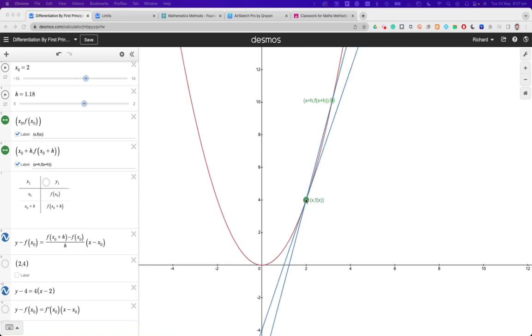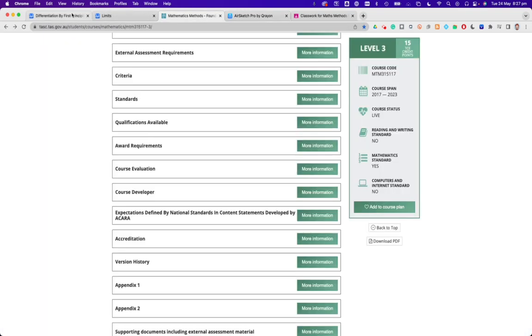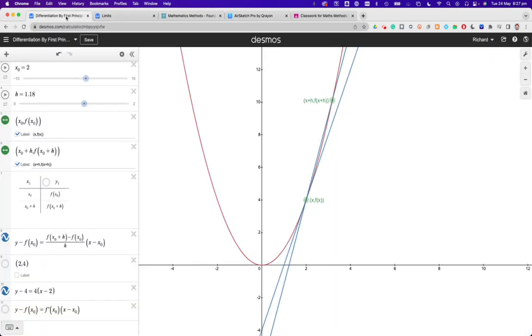So let's start by looking at this secant line again. I'm going to go to Air Sketch and we're going to start talking about this thing called a gradient function, because we can see that the gradient itself will change depending on where x is.